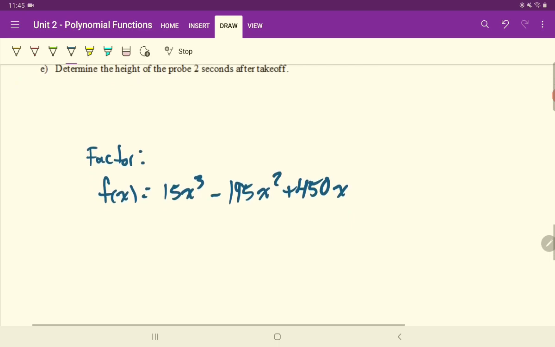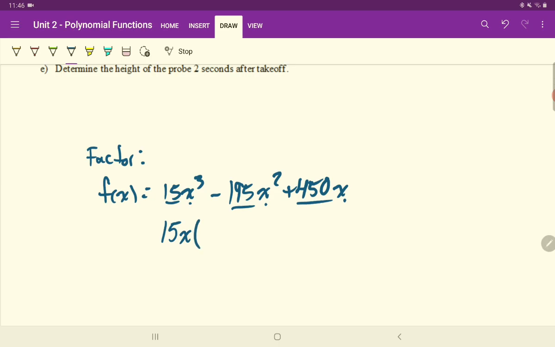I told you that we can factor this. So let's start. Remember, always look for a common factor first. Let's pull out a 15x, which is common, because 15 goes into each one of these numbers. And since there's an x cubed, x squared, and x, what's common is just one of those x's, or x to the power of 1. So we can pull that out.